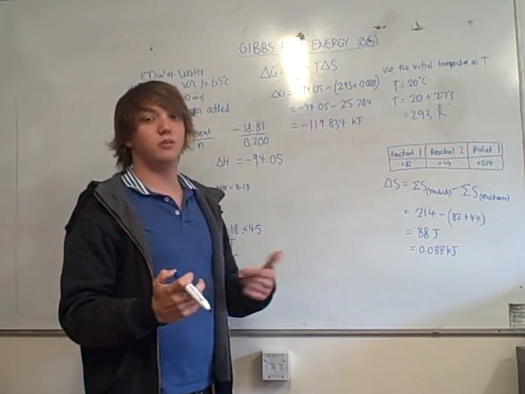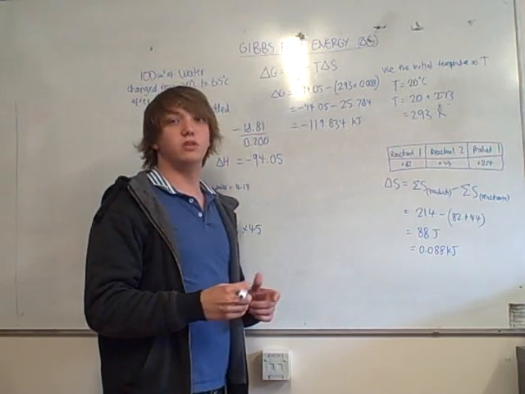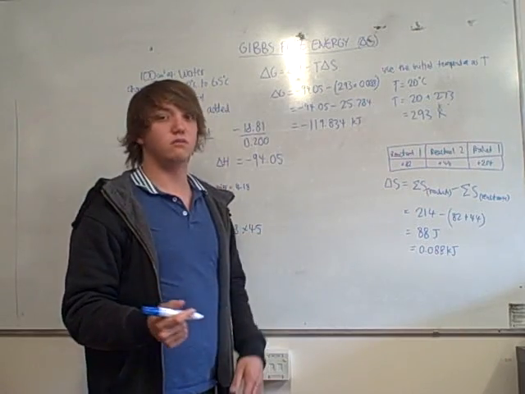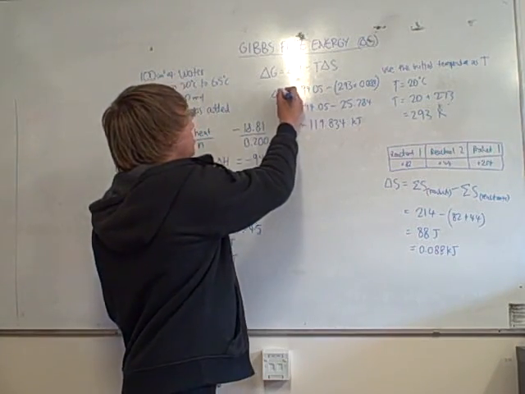So if there was a question saying what would the minimum temperature be required for the reaction to happen, you'd have to sub in delta G as 0.